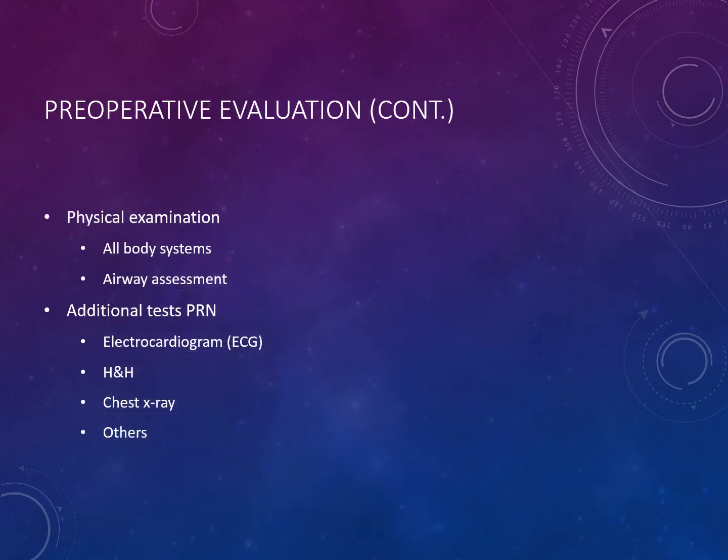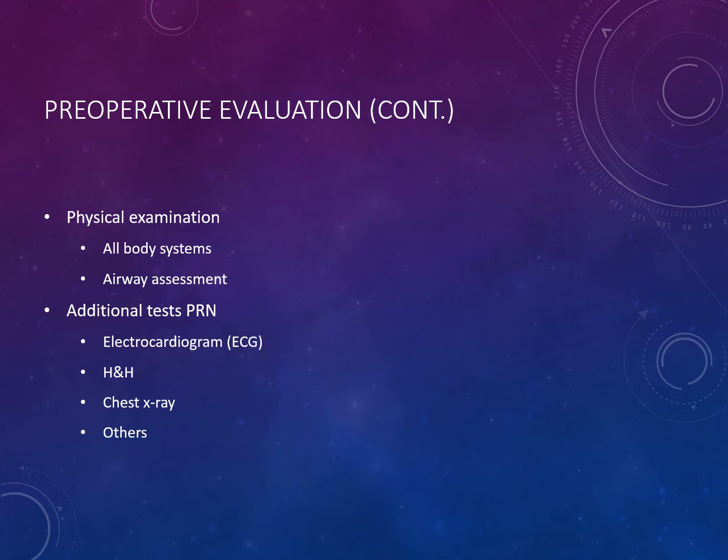So forms aren't going to be the only portion of the preoperative evaluation. A physical examination is going to be a good way for the anesthesia provider to get information. A big part of this is they want to look at the patient's physical status right before surgery. They want to take note of all their body systems. If they have kidney, liver issues, that's going to be important because that affects how drugs are metabolized.